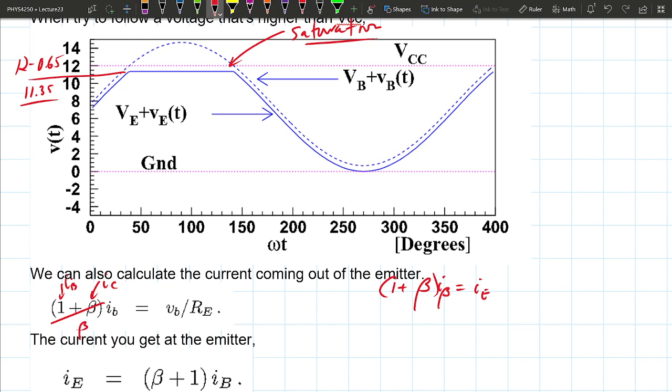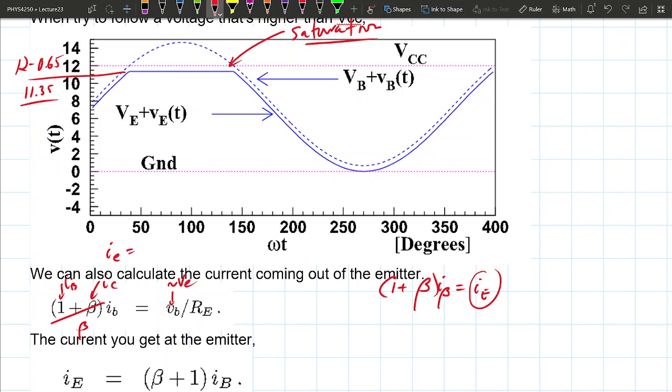And remember, one of the things we figured out was that the voltage at the base is basically going to be approximately the voltage at the emitter, while the time-dependent part is going to be the same as each other. They're going to be offset by this constant 0.65 volts, but they're going to be the same as each other. So let me copy the previous one over.